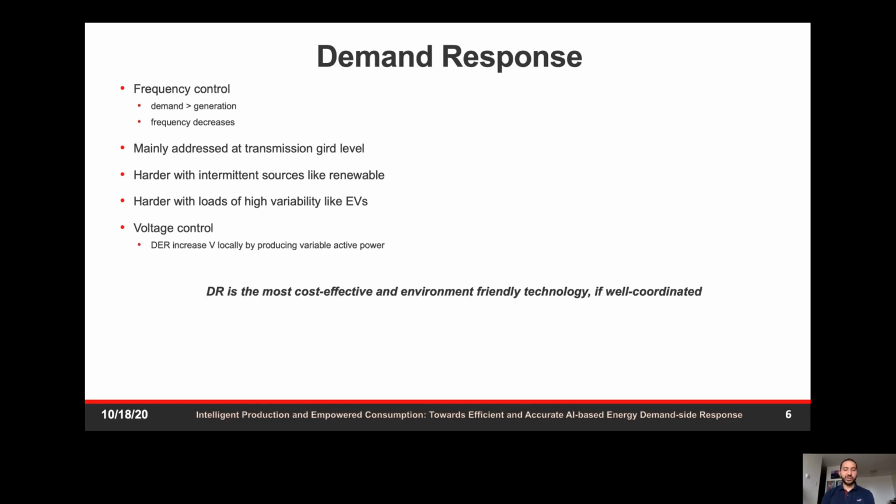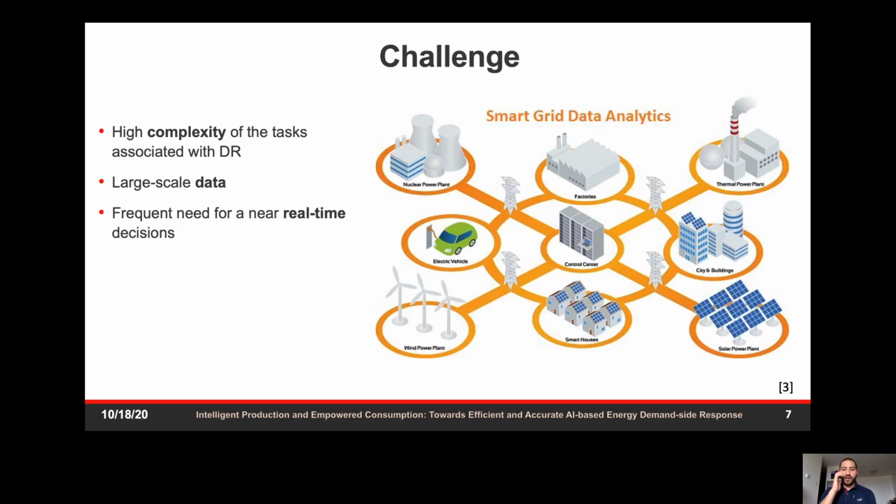Now, there are different generators that can kick in to help with frequency control and voltage control, but demand response and having this open channel of communication between the utilities and the consumers is what can make this more cost-effective and environment-friendly.